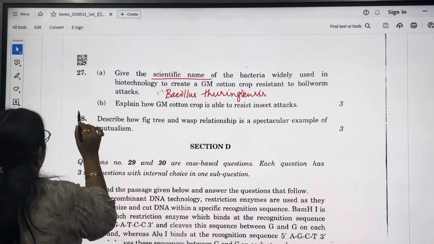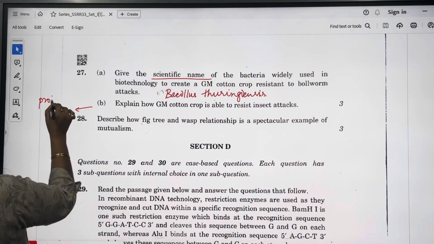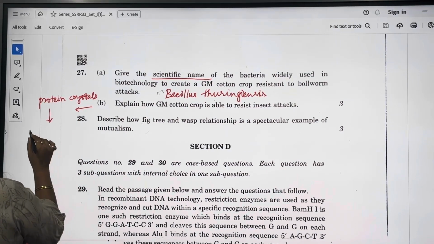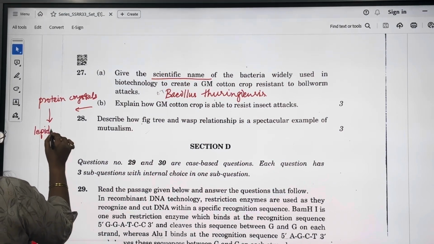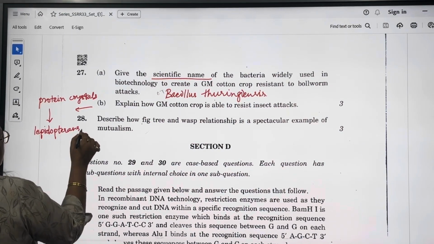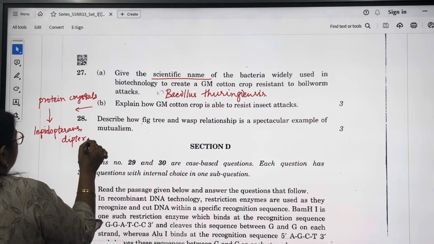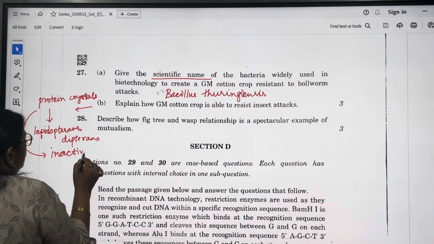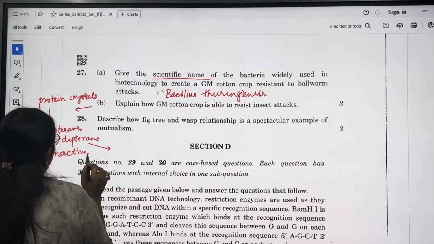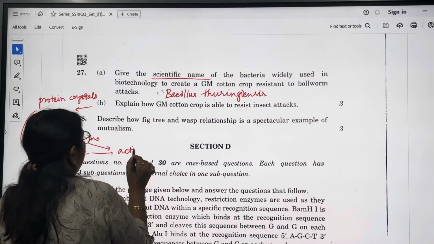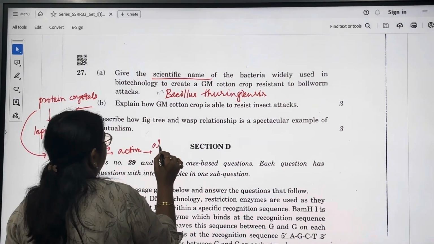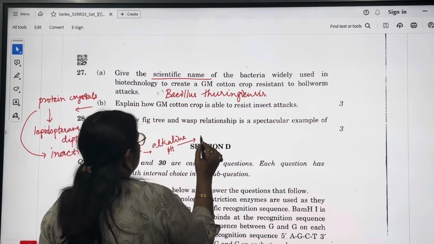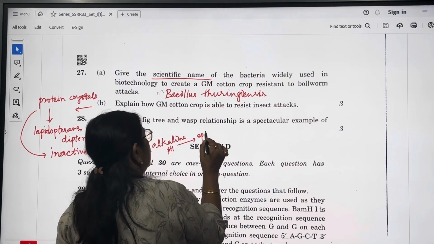Bacillus thuringiensis actually produces protein crystals which kill specific arthropods like lepidopterans, dipterans, etc. These protein crystals are inactive, but when these insects ingest them, the crystals become active, because in the gut of these insects there is alkaline pH, and this alkaline pH solubilizes these proteins which further harm the epithelium of the gut.